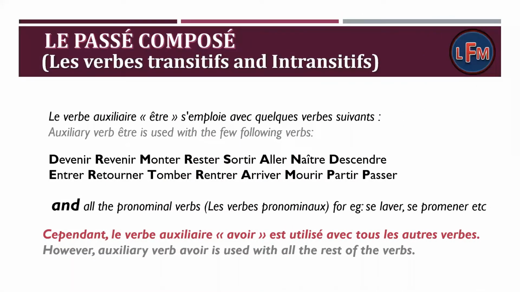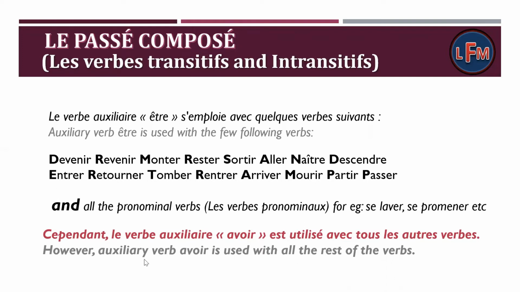So as we learned earlier in my earlier video, le passé composé, le verbe auxiliaire être s'emploie avec quelques verbes suivants. Auxiliary verb être is used with the few following verbs and all the pronominal verbs, for example, se laver, se promener, etc. Cependant, le verbe auxiliaire avoir est utilisé avec tous les autres verbes.